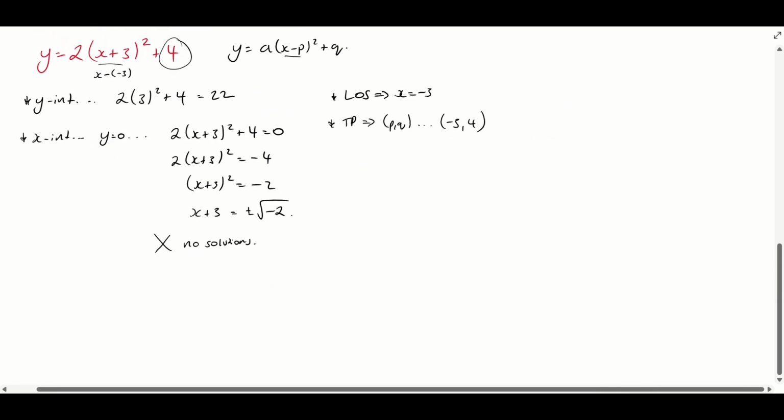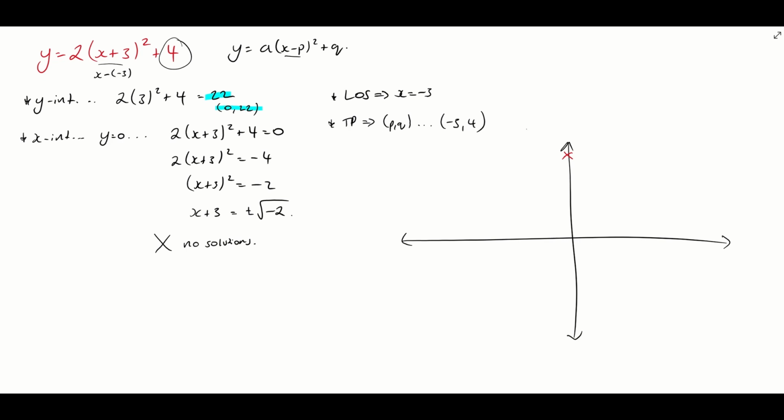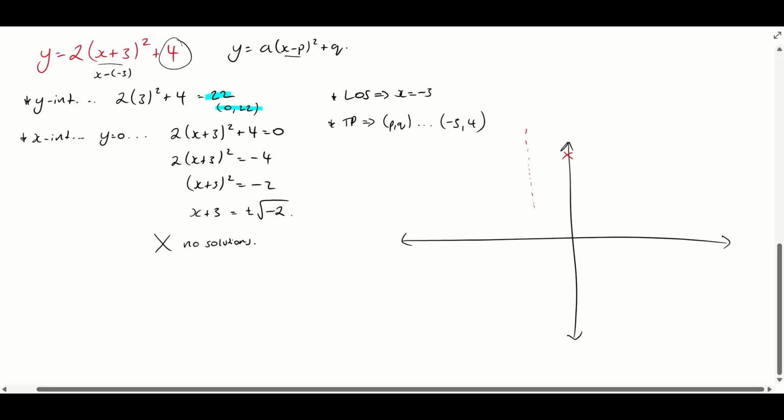Let's plot this. So here is my best effort at a Cartesian plane. And we have our y-intercept all the way up here at 22. I really should write that as a coordinate, so at 0, 22. So we are all the way up there, right at the top. We don't have any roots. Our line of symmetry is at minus 3, so we're coming down like this.